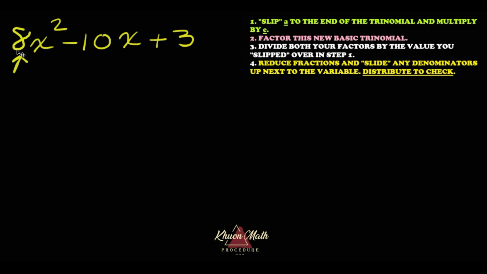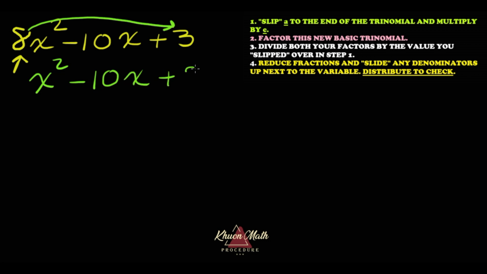So your A is a positive 8, so we're going to slip this to the end of it, and we're going to times it by C. 8 times 3. Okay, so you're left with x squared, take away 10x, and then plus 24.